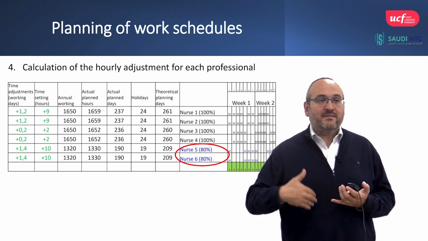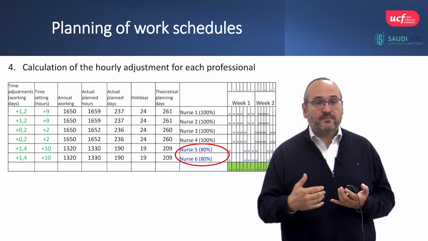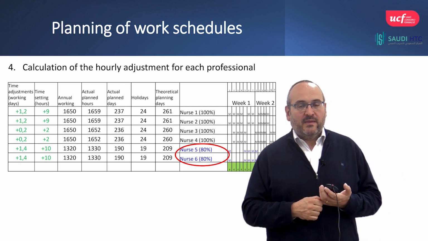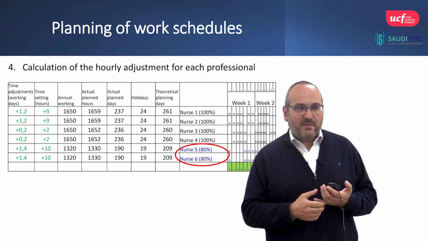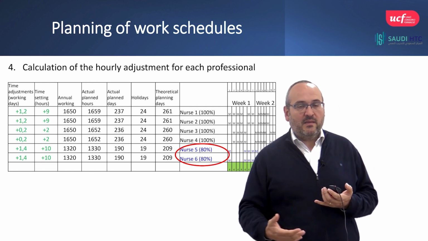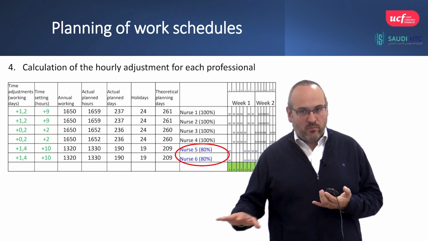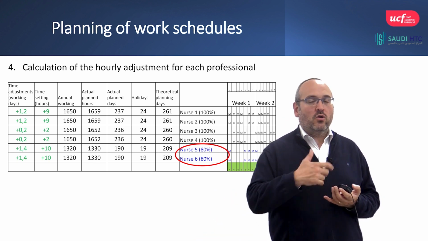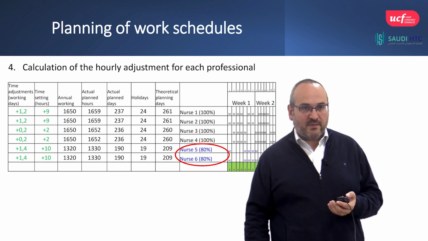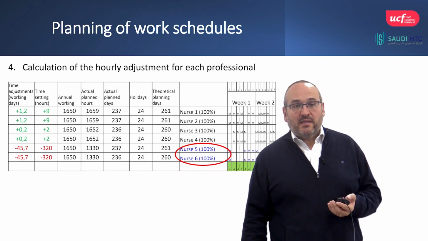That is to say, they work 10 hours more in this initial planning than they should work. Obviously, as I said before, either we pay overtime, which is a very unusual practice, or what we do is compensate with days on holidays.